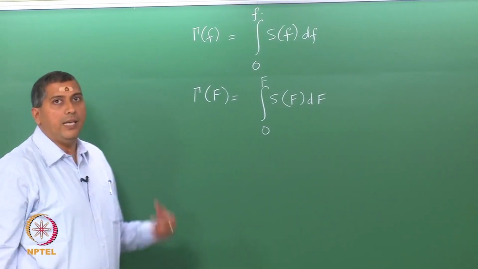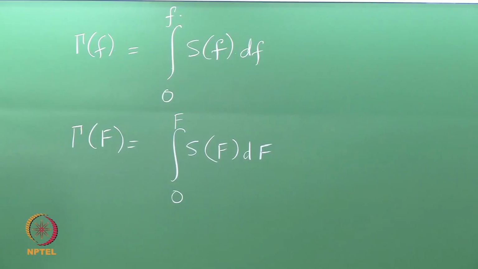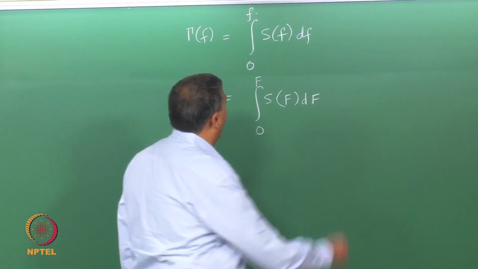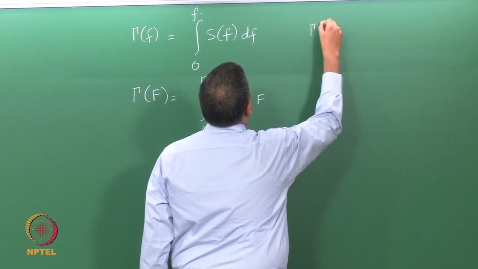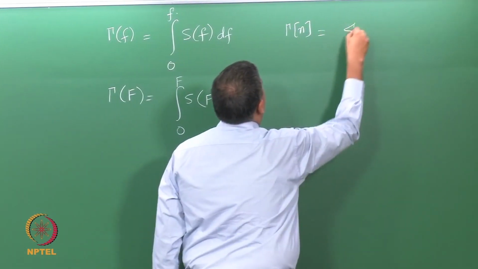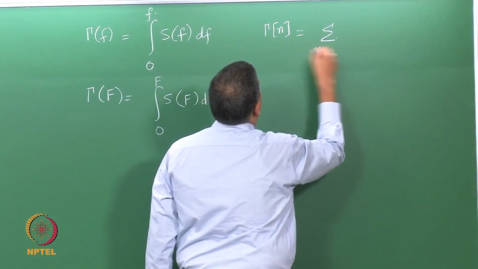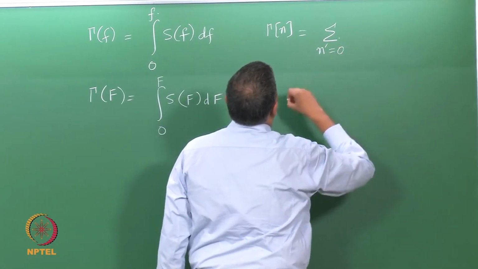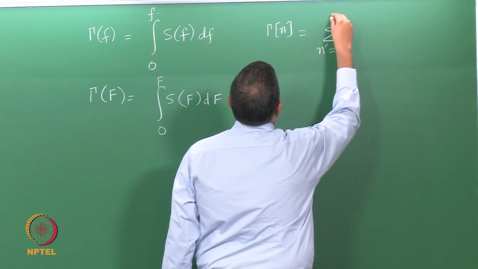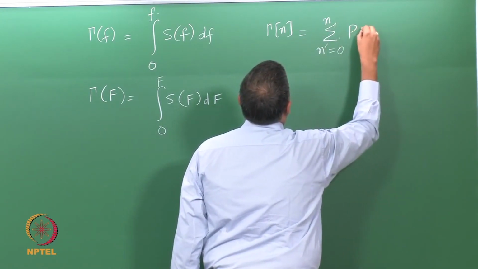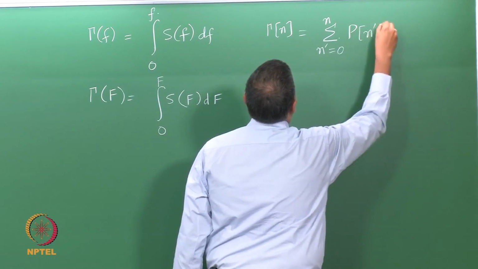Now, when I look at the continuous time or discrete time periodic, let us take the discrete time periodic case, I have gamma now a function of the nth harmonic. So, I have here n prime running from 0 to the nth frequency. Here I have p of n prime.